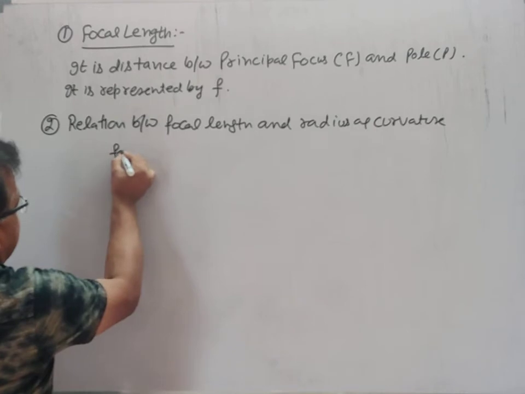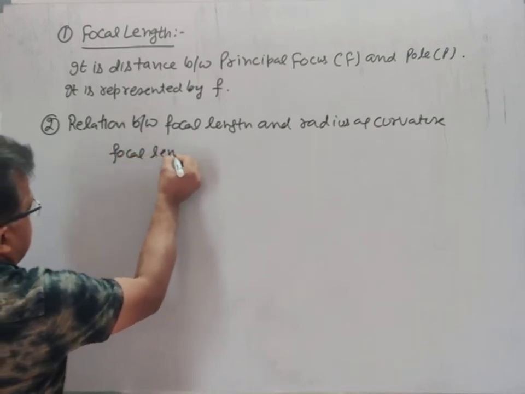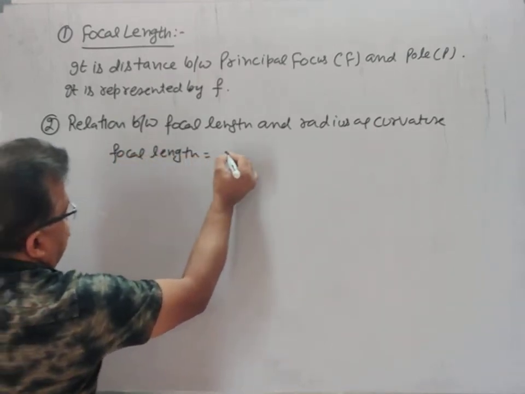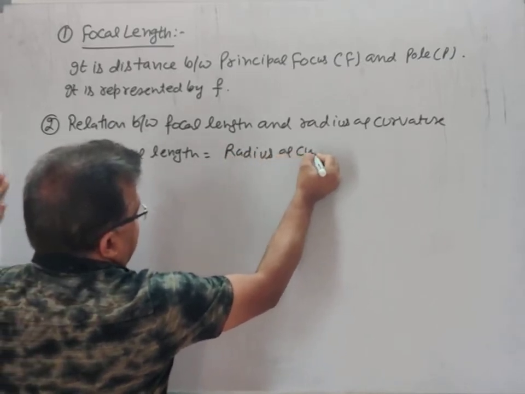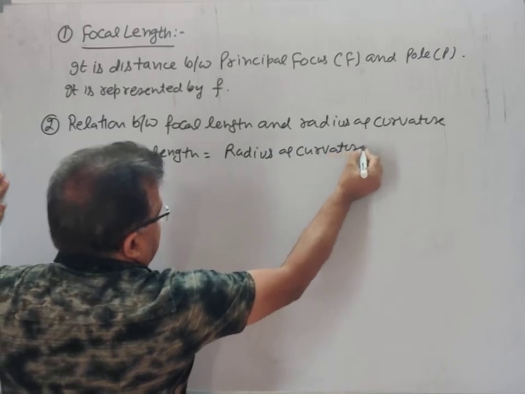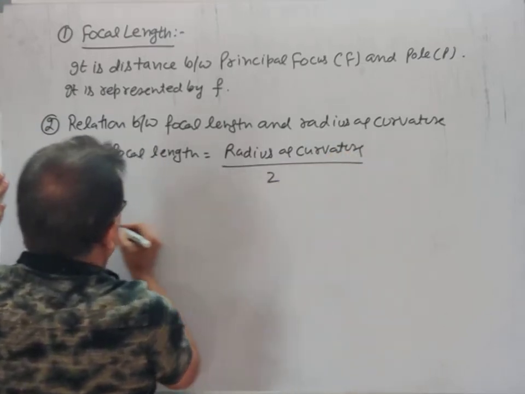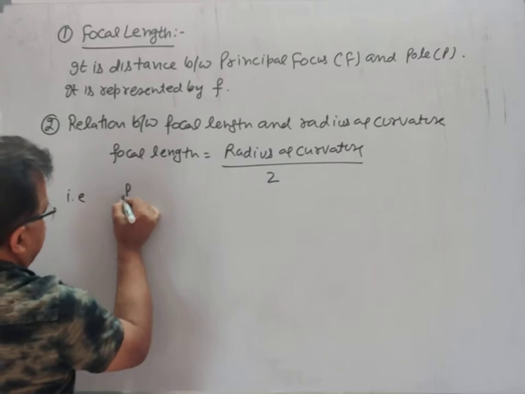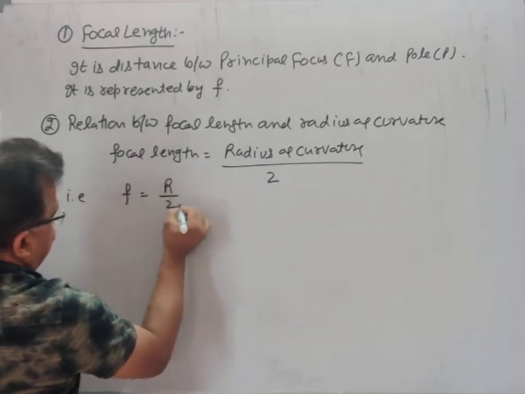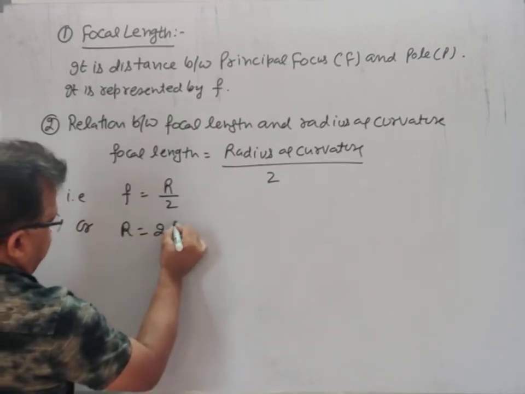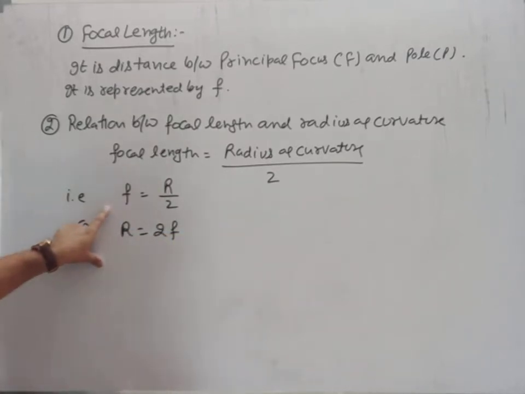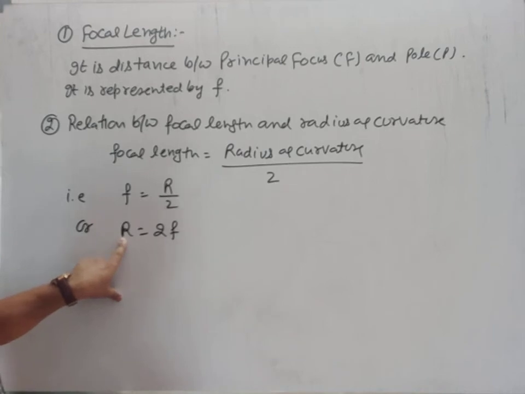Focal length is equal to half of radius of curvature. That is f is equal to R by 2, or R is equal to 2f. So these are the relations between R and f. Radius R is equal to double of f, or f is equal to R by 2.